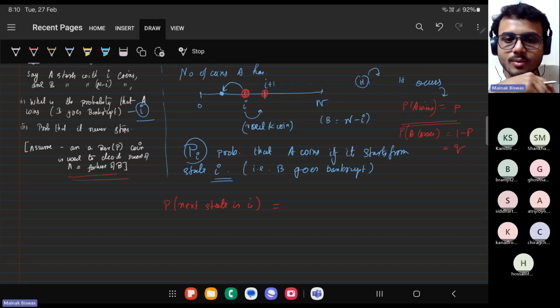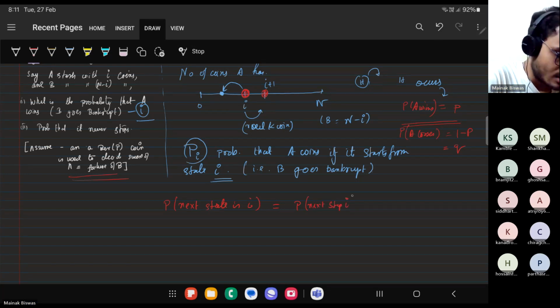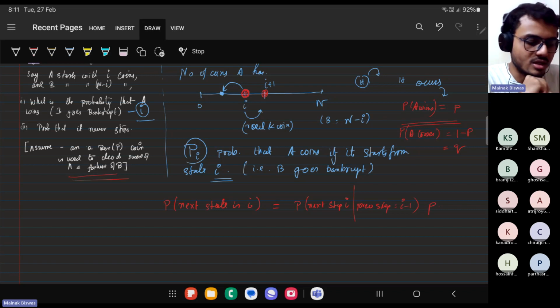We can use conditional probability, the law of total probability. I have taught you conditioning, right? So the next state is I given the previous state is I minus 1, times the probability of winning. Yes or no?